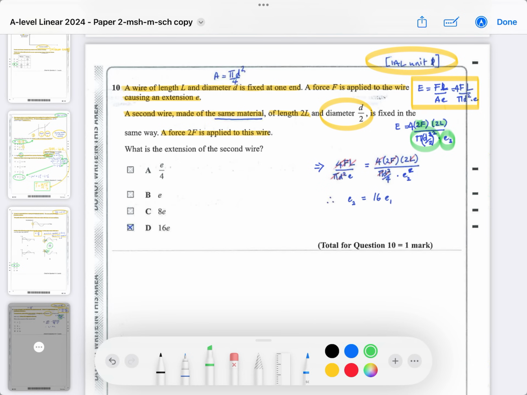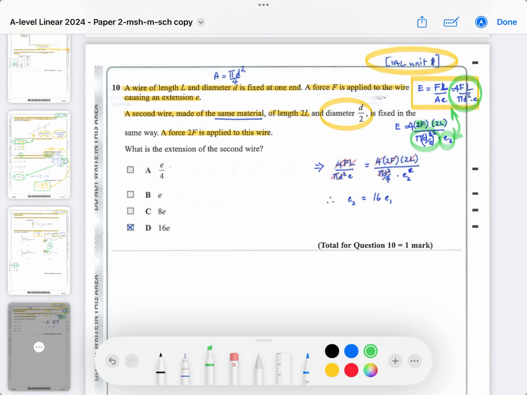Now, because they're made of the same material, these two equations must be equal, can be equated. So you put FL, I see there's a 4 there for both of them because of d squared over 4, and the 4s will cancel out. Even in the first one, because of pi d squared over 4, there's a 4 at the top.